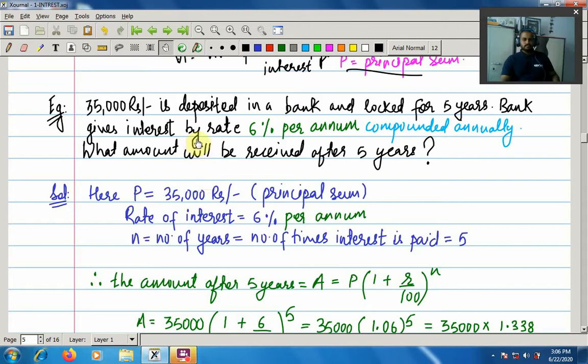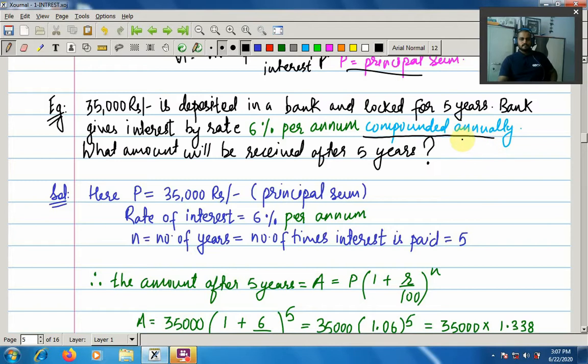35,000 rupees is deposited in a bank and for 5 years it's been locked. I cannot withdraw that money in between. The bank gives interest at a rate of 6% per annum and it's written compounded annually.